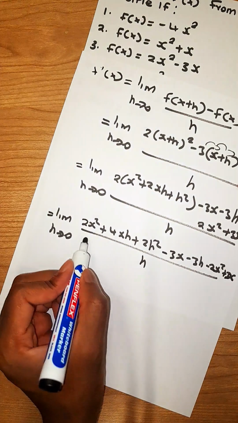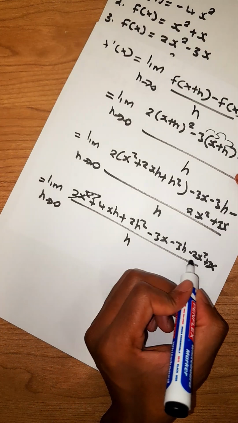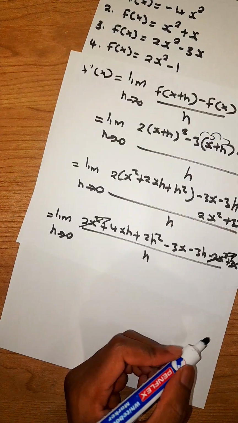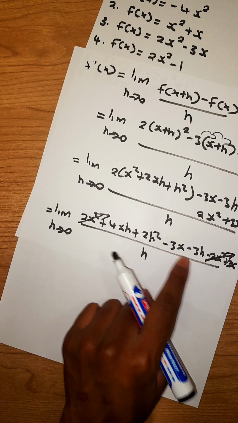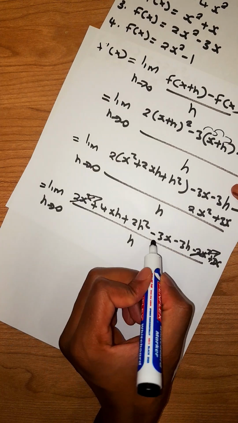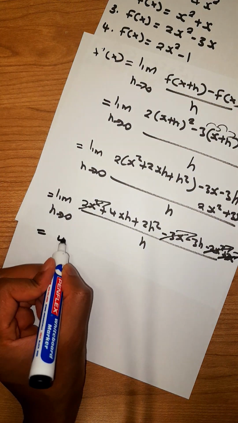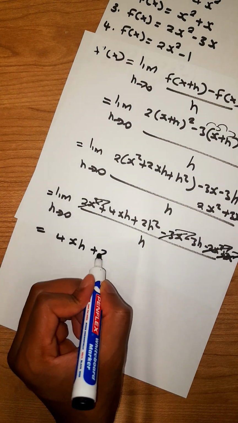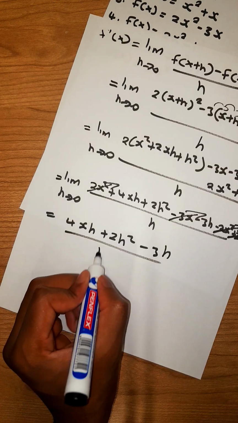Now the 2x squared is also going to cancel out with minus 2x squared. The minus 3x is going to cancel out with the 3x, so you are left with 4xh plus 2h squared minus 3h divided by the value of h.